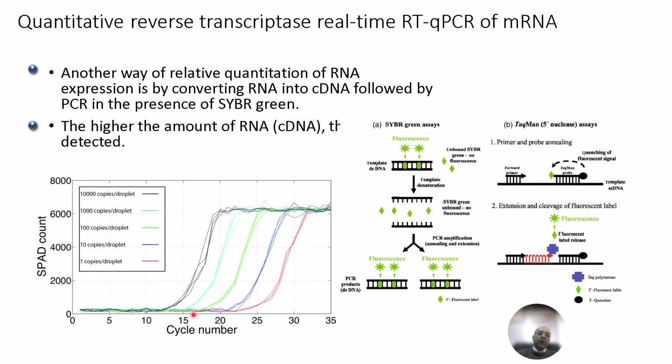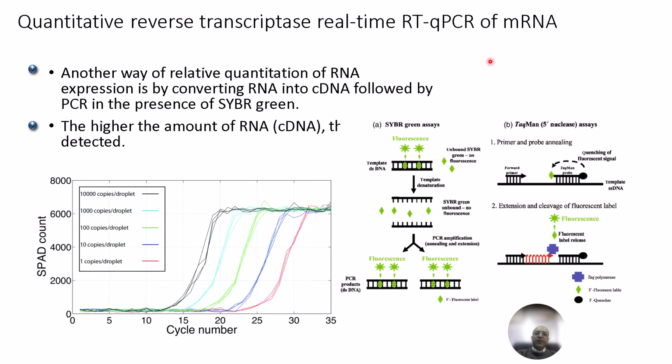It means that this sample right here has more RNA than the second sample, this sample right here, okay, because the signal is detected at an earlier cycle. This one right here in red, this sample has the least amount of RNA. Okay, so there's more expression of a gene, let's say, in this sample versus all of the other samples. This one here has the least amount of RNA.